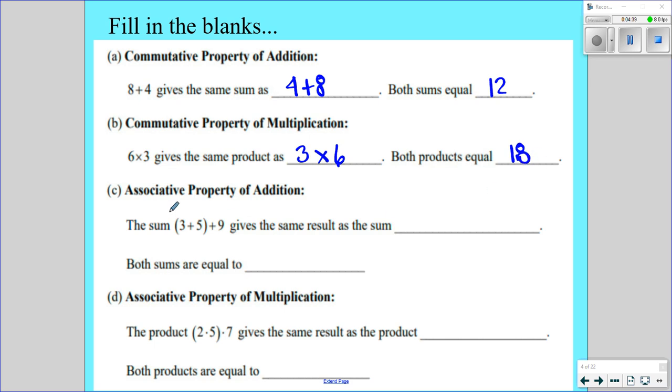Under the associative property of addition, if you have 3 plus 5 grouped together and add the 9, it will be the same if you had 3 plus and then in the group 5 plus 9. And if you were to add up either this group or that group, you would get 17.